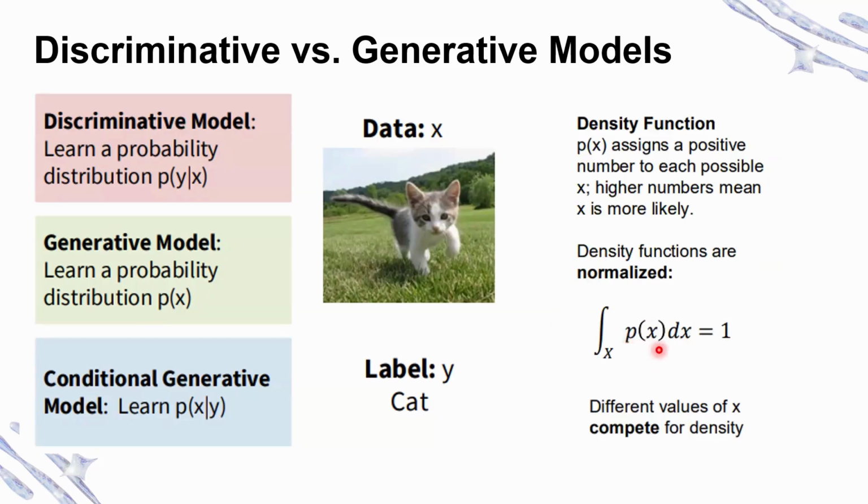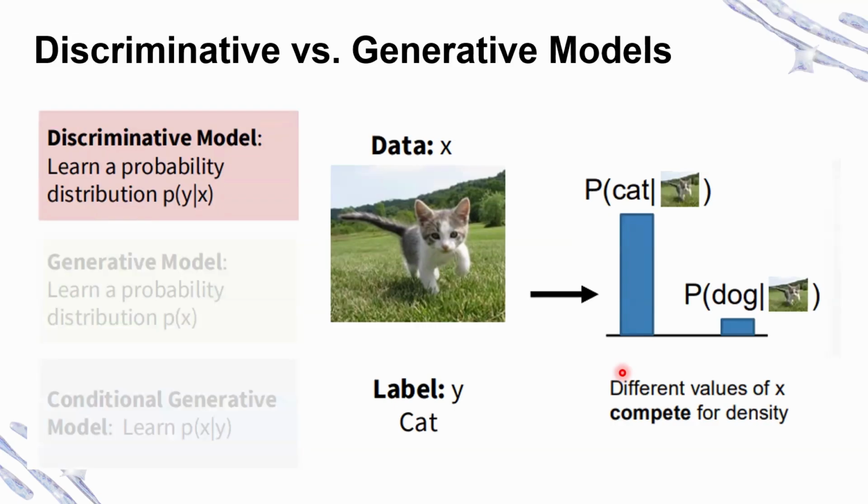This is called a density function, which assigns a positive number to every possible input X: a higher number if it's more likely, and close to zero otherwise. Normalized means that if you integrate over the entire space of all possible X's, it integrates to one.